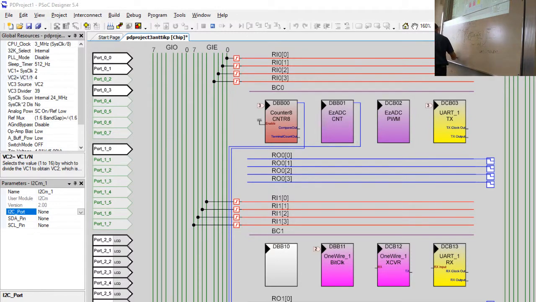which also requires an external voltage reference, and I have, I think, the MCP 1541.